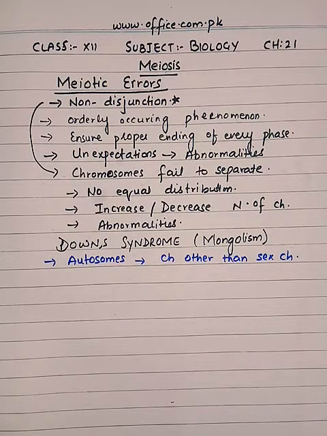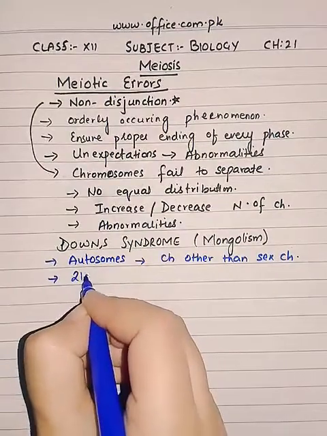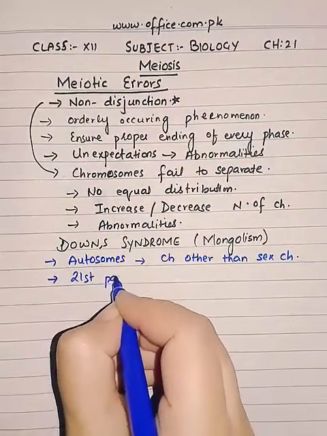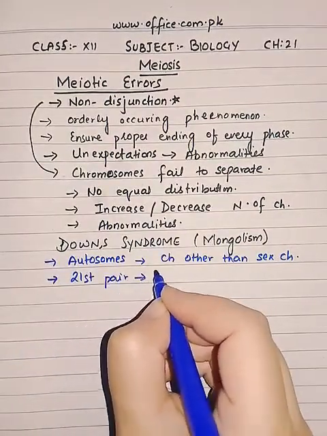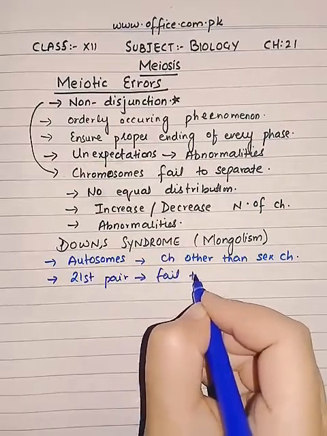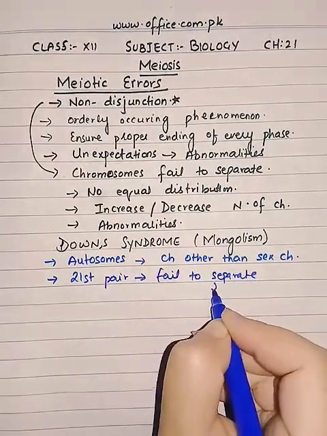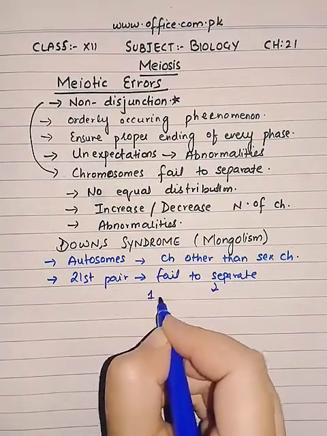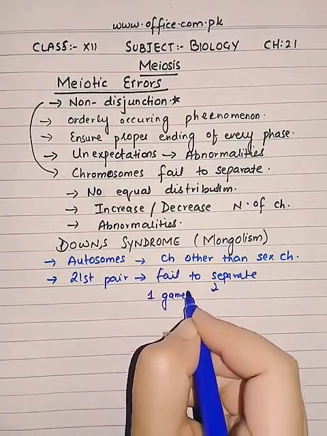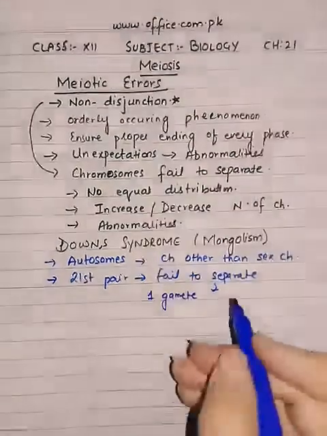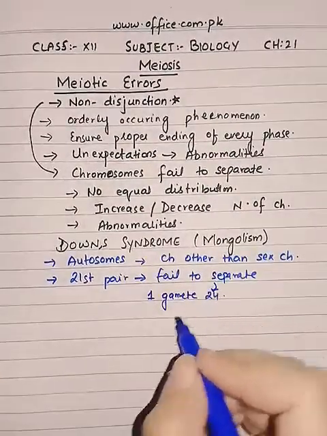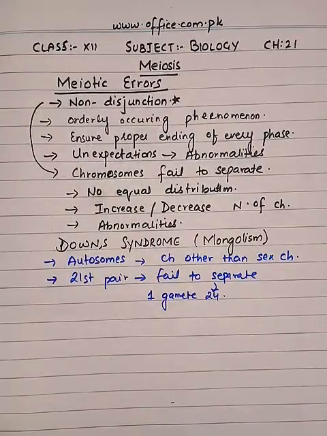What will happen is that the 21st pair of chromosomes will fail to separate or segregate, and as a result, one gamete will have 24 chromosomes and the other one will have 22 chromosomes.